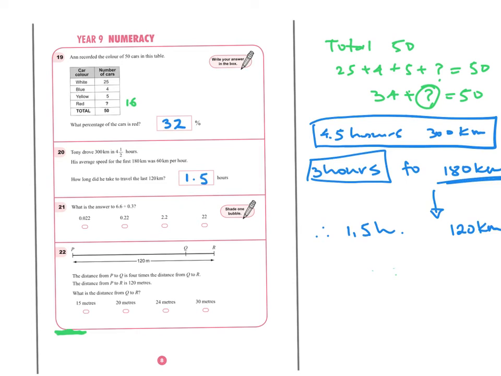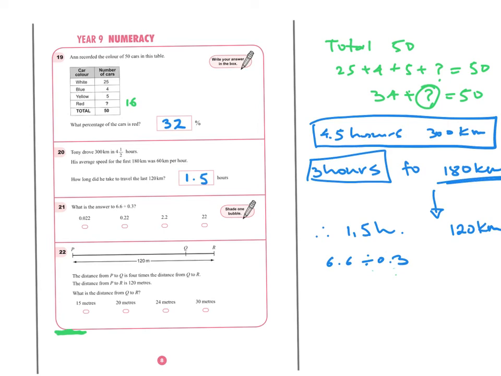Next one, question 21. What is the answer to 6.6 divided by 0.3? If you had a calculator, it would be easy. We don't. So the easiest way would be to multiply everything by 10.